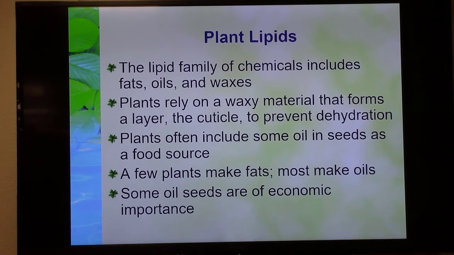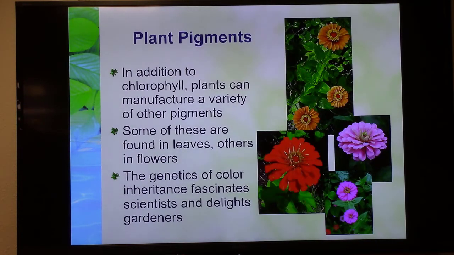Very few plants make fats. Palms and coconuts, about the only ones. Some oilseeds are of economic importance, and you've mentioned some of them.